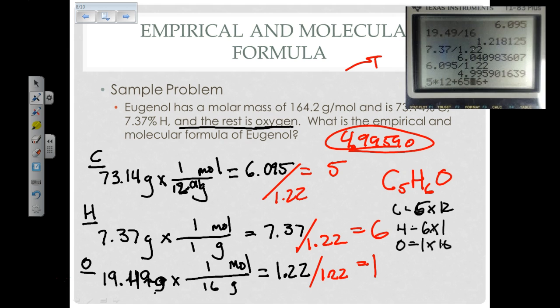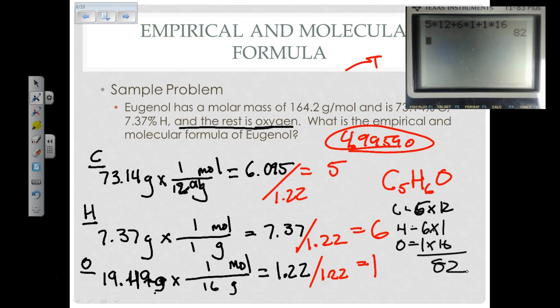So let's clear this. So 5 times 12 plus 6 times 1, plus 1 times 16. Okay, and that's 82. This adds up to 82. The overall molar mass is this.